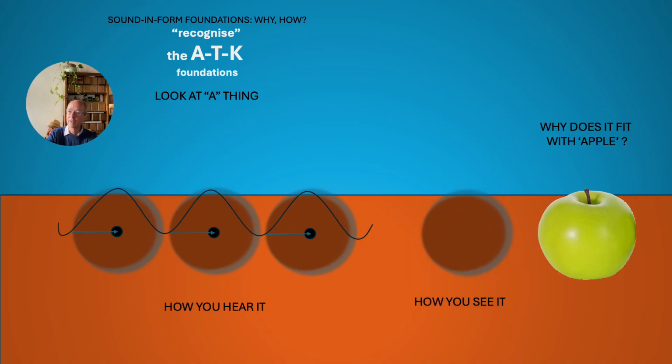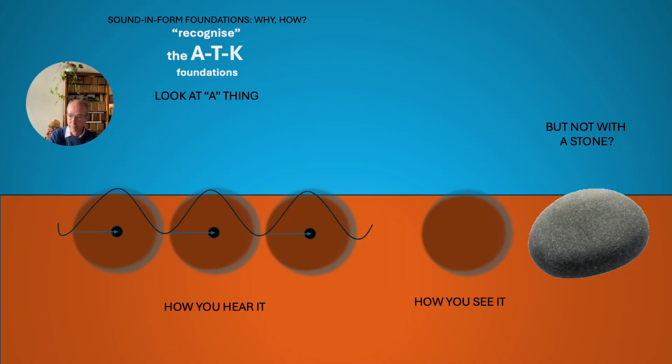So how you see it, like the apple, which starts with the A as well, does it fit with the apple then as well? It does, of course, because we have this focus, as I said. But the apple and a stone have more or less also this kind of focus. I focus upon an object. So why is the stone not with an A, and is it with an O?